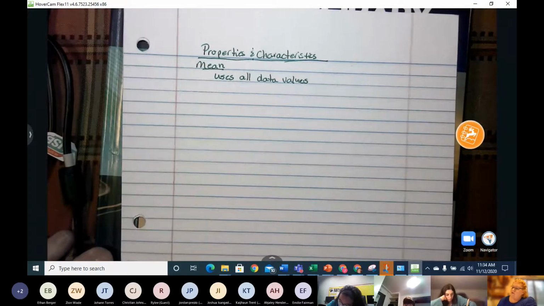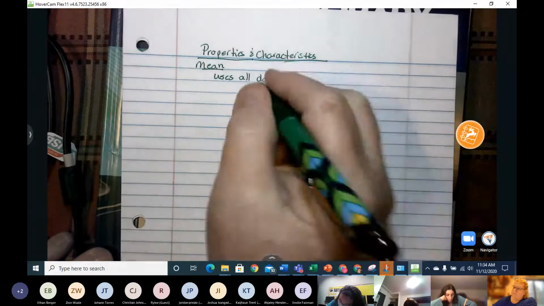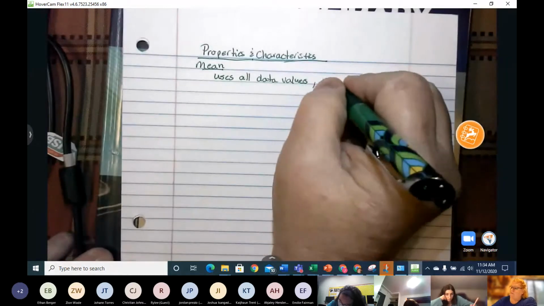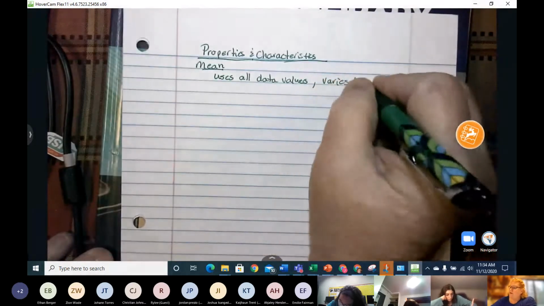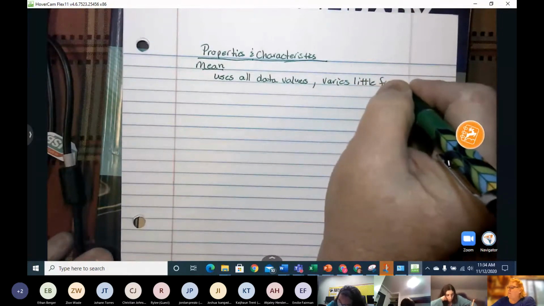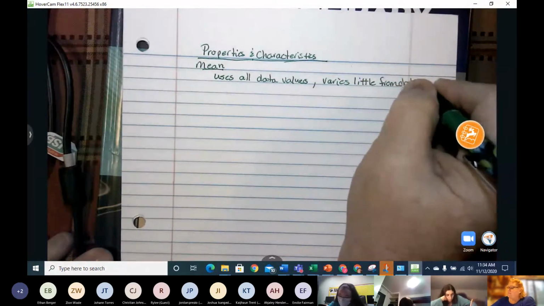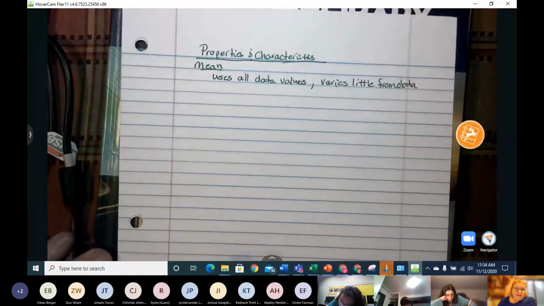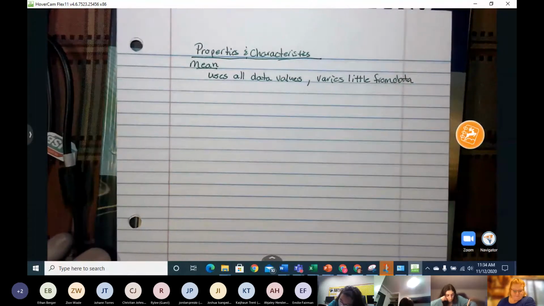All right, the mean uses all the data values. It varies little from the data unless it has outliers.